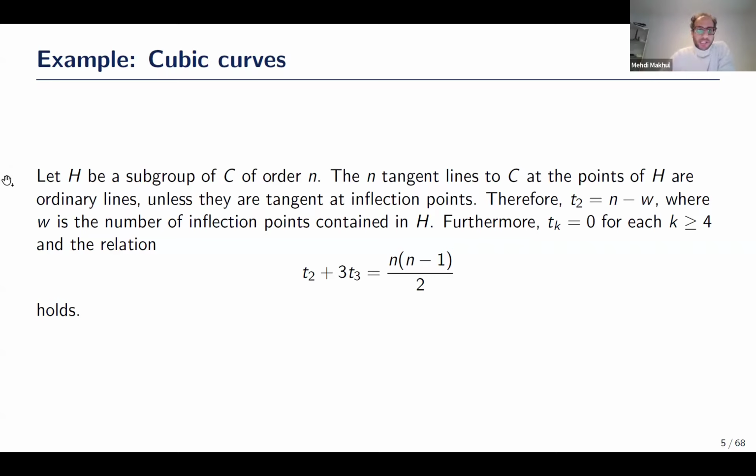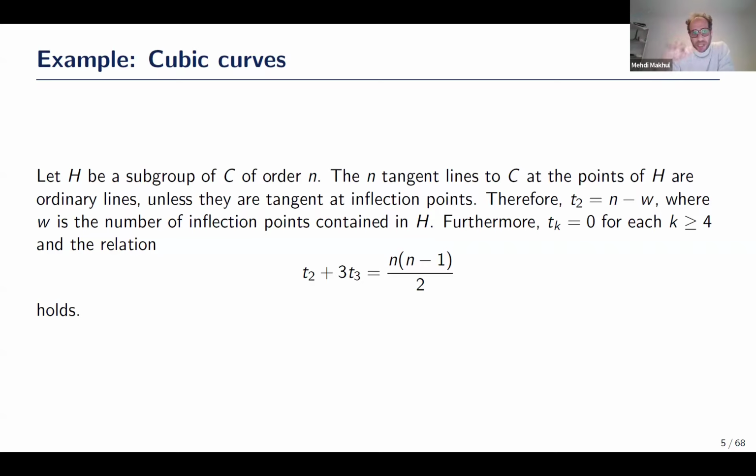Then, because any line intersects the curve in exactly 3 points counting multiplicity, we have this relation between the number of ordinary lines and the number of tree-rich lines. And any tangent line, if the point is not an inflection point, counts twice at the tangency, and by Bezout theorem must intersect in one more point. Therefore, we get 3 points: 2 points, 1 point with multiplicity 2.